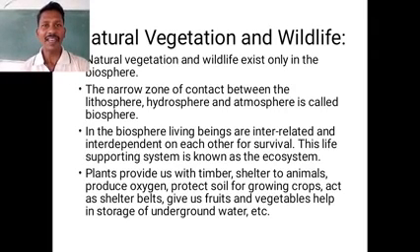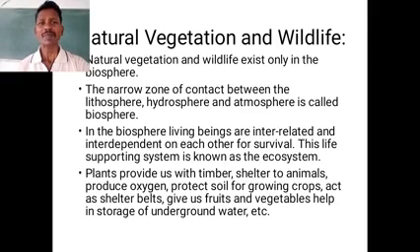Where land, air and water interact, it gives rise to the origination of life. So in the biosphere, most importantly, natural vegetation and wildlife exist. The narrow zone of contact between, as I told, the lithosphere, hydrosphere and atmosphere is what is called the biosphere.